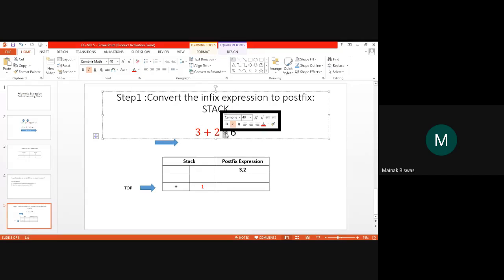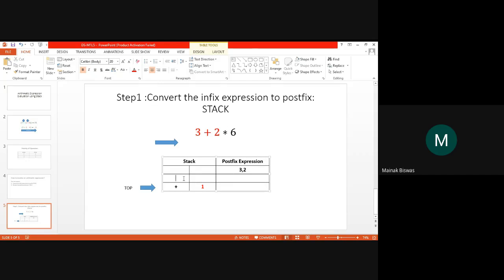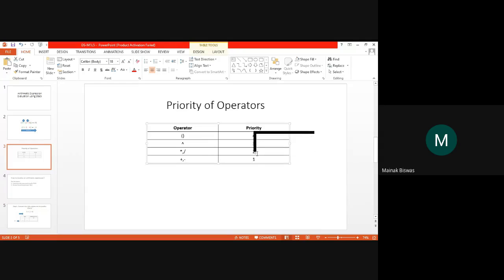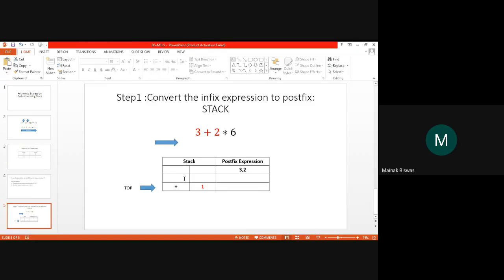Its priority is 2, and since 2 is higher than 1, we push it into the stack.